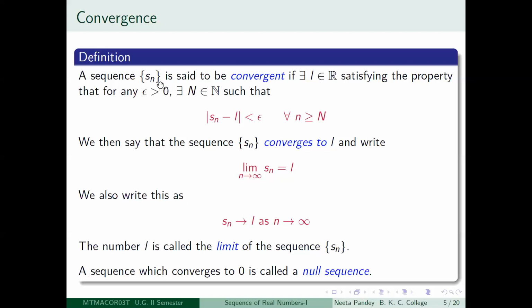If you want to take a symmetric neighborhood of the point, then it is sufficient to tell how far the points in the neighborhood should be. So I want all real numbers whose distance from this L is less than any given positive epsilon.